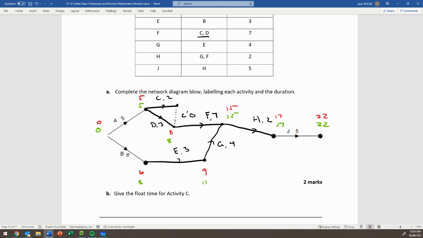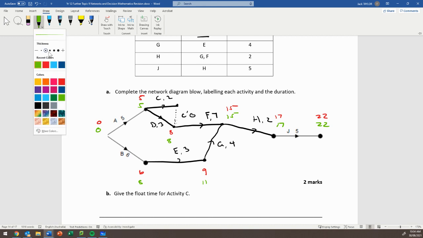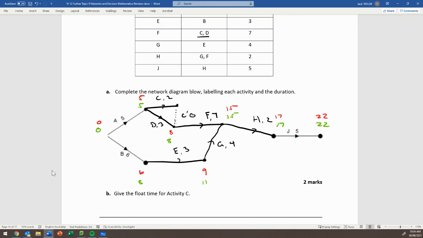All right, so the float time for activity C is the estimated completion time, which is 8, minus the earliest starting time, which is 5, minus the activity time, which is 2. So that gives a float time of 1.